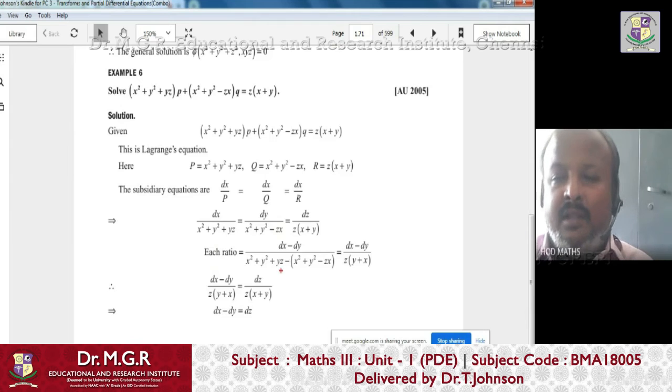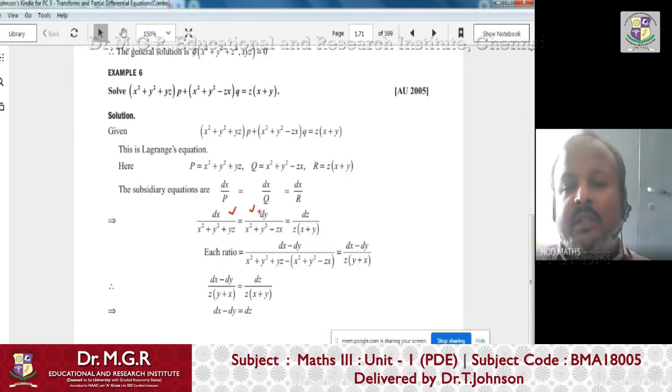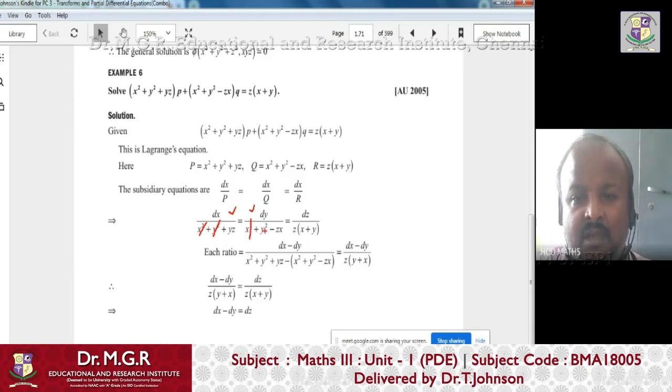Here they are taking only the first two terms and trying to find the difference of it. Why? Because if you find the difference, the x square y square term will automatically cancel out.